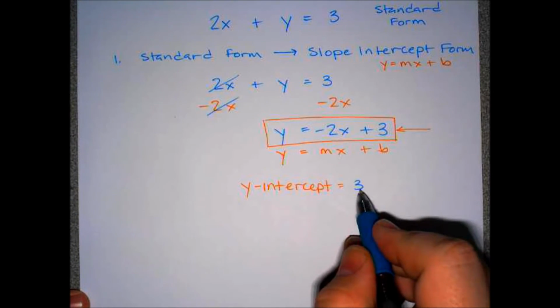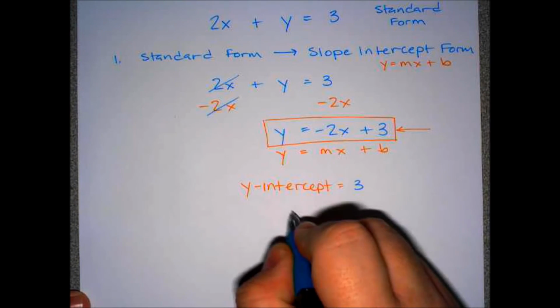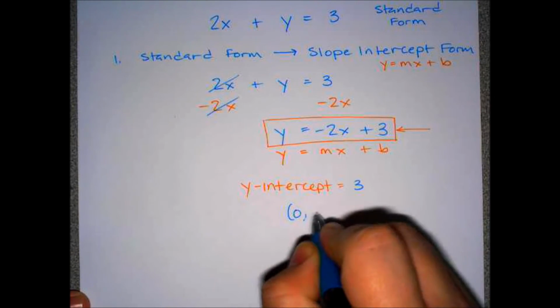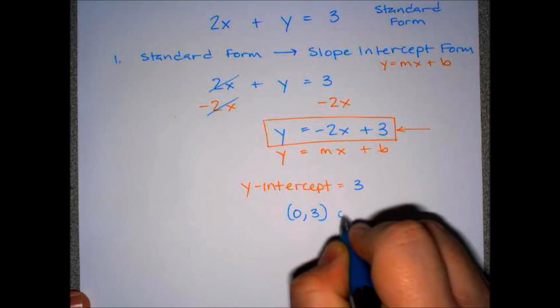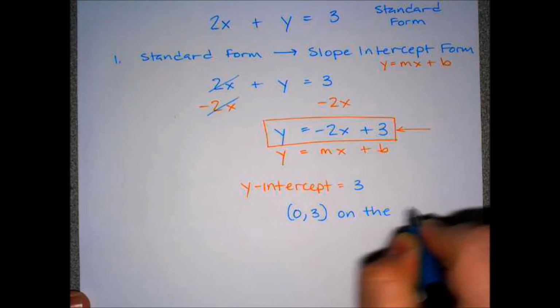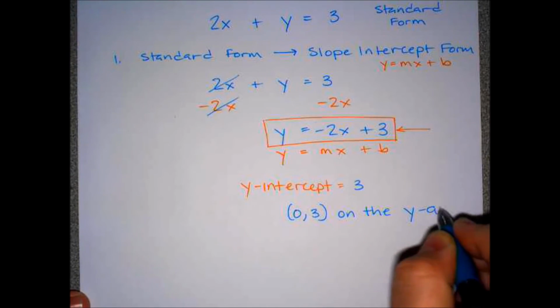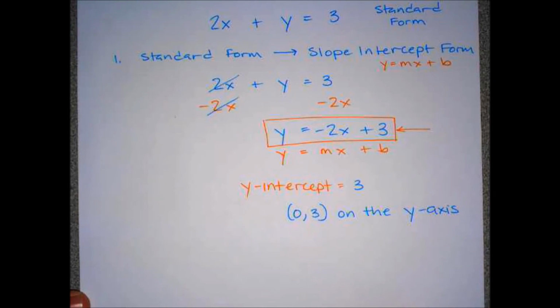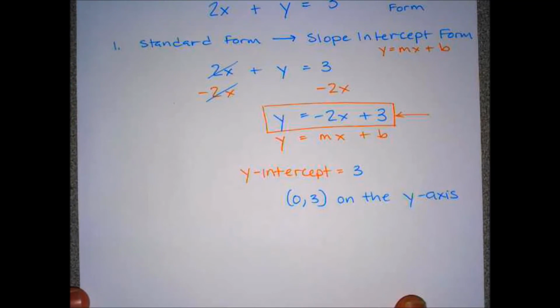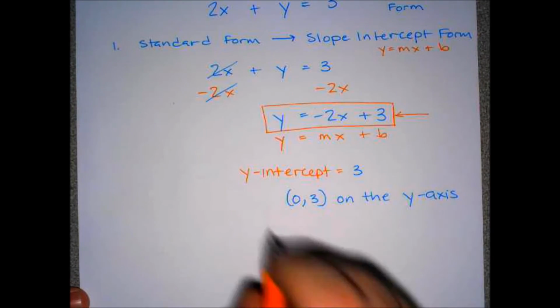What that means is that we're going to look for 0, 3 on the y-axis, and we're going to put a point there. So we'll look at that in a moment. What we can also get from this is that our slope is negative 2.